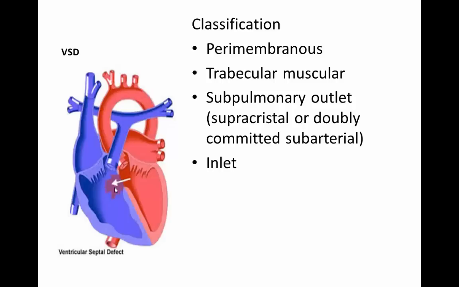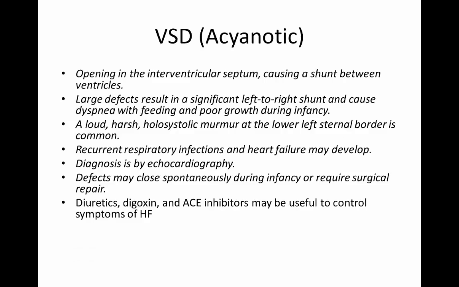Assuming that there's no pulmonary stenosis, because it could be associated with it, a large shunt causes pulmonary hypertension, elevated pulmonary artery pressure, pressure overload, and right ventricular hypertrophy, the same as ASD. Symptoms depend on the defect size and the magnitude of the left to right shunt. Children with a small ventricular septal defect are completely asymptomatic and they grow and develop normally.